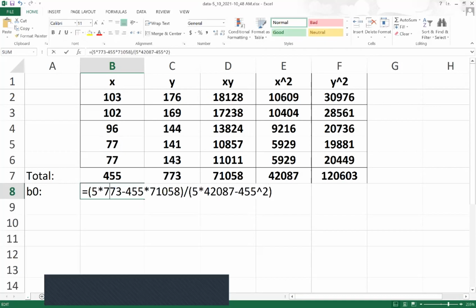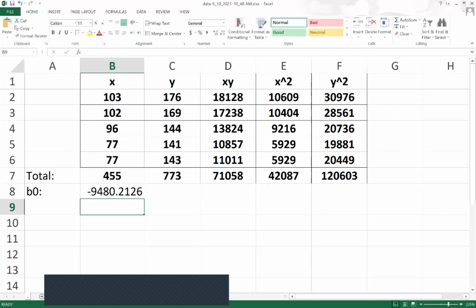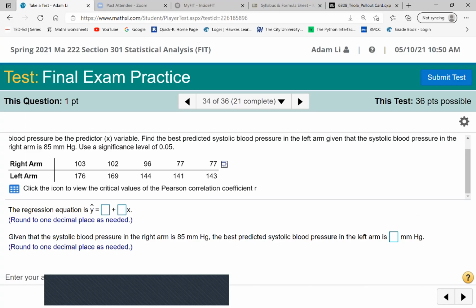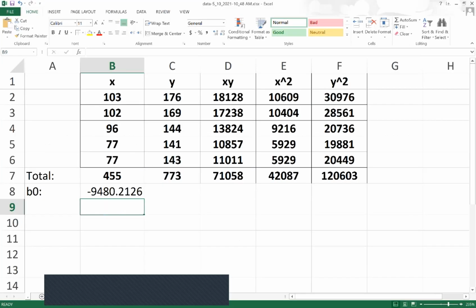So it's a fairly large number. Okay, let's see. Summation X, summation XY. Yeah, it's good. Big number, B0. It looks slightly off, but let me quickly check.